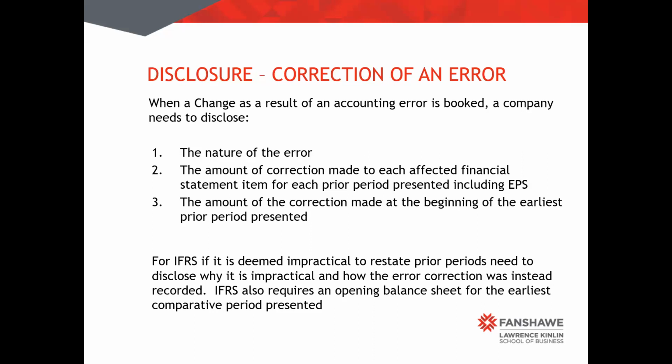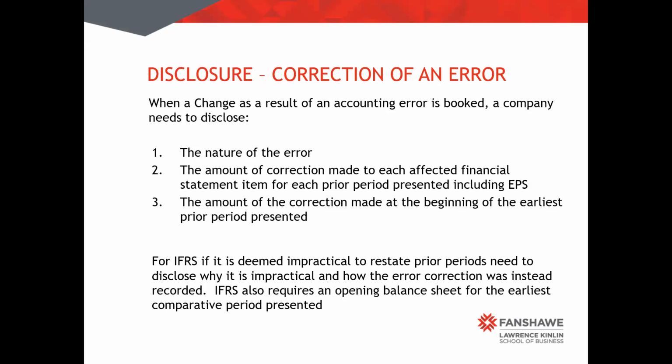And then on the correction of error disclosure, you need to disclose in your notes as well what's the nature of the error, what was the amount of correction to each of the financial statement items. You would identify it impacted warranty liability and the surplus for the year and maybe retained earnings or income tax payable. So you would indicate what those are. And you would also talk about the impact on the earnings per share, if applicable.